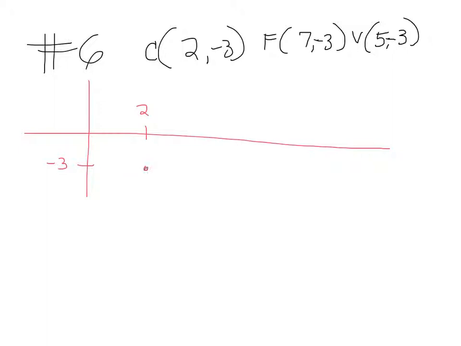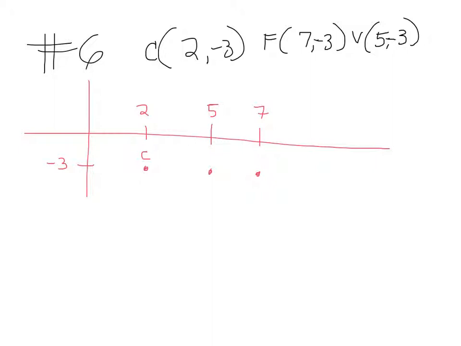Okay, so the first thing I need to do here is to plot the points. 2 negative 3, that's the center. The vertex is at 5 negative 3. And the foci, it's at 7 negative 3. And it's always a good idea to plot the points and see what's going on.